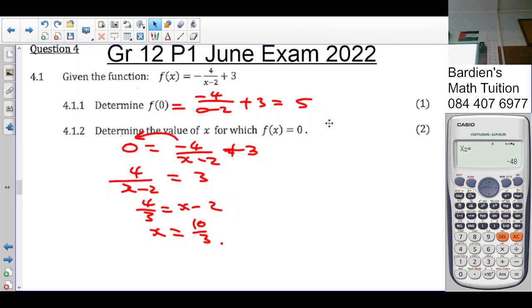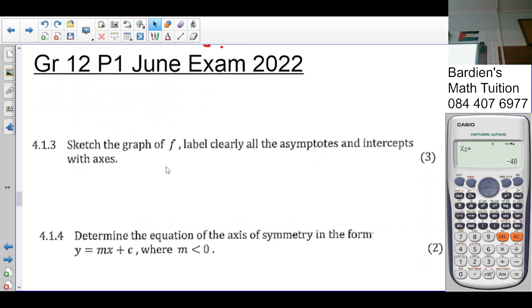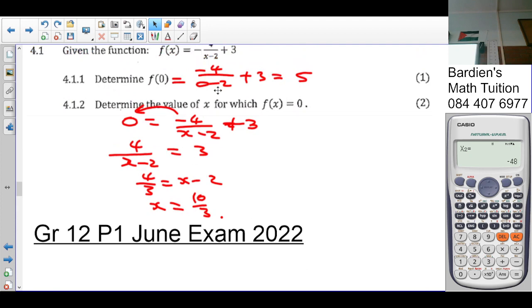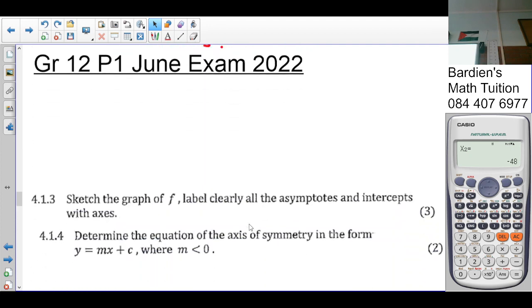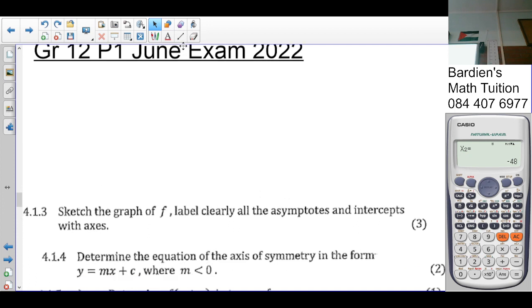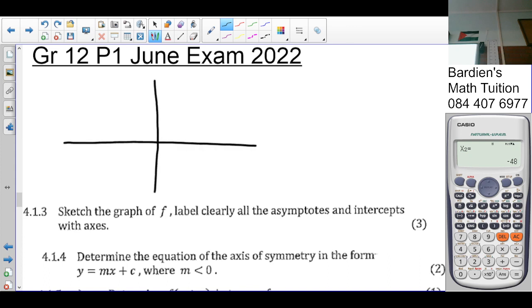Okay. So that is your x and your y intercepts. The question then says, sketch the graph. So what's the first thing we draw in? Our asymptotes normally. So what's the equation of the asymptotes? y is equal to 3 and x is equal to 2.